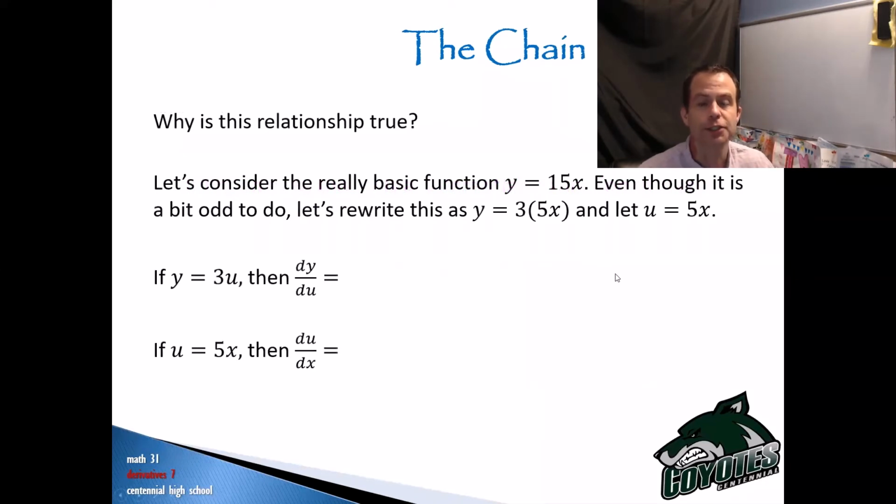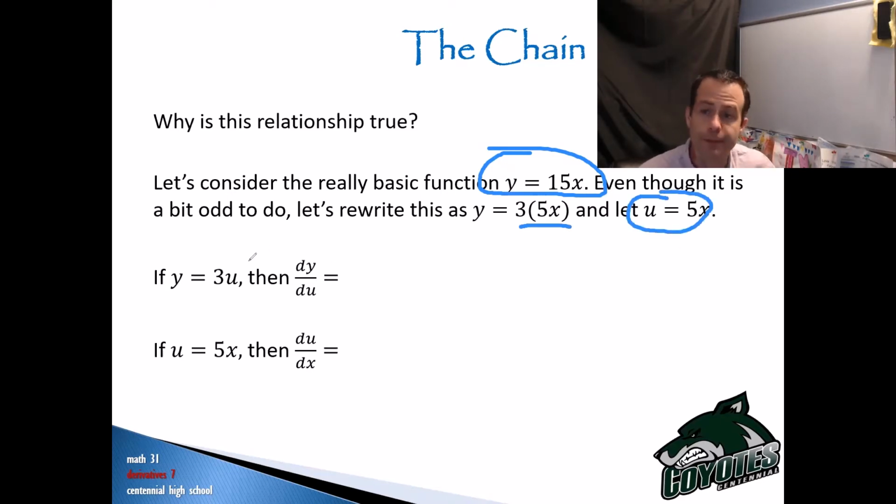Why is this relationship true? Now I'm going to take an even more basic function. We're going to take the function y equals 15x. Just to help you get a picture of why we multiply them together, let's look at 15x as 3 times 5x for a second, and we're going to call u 5x.